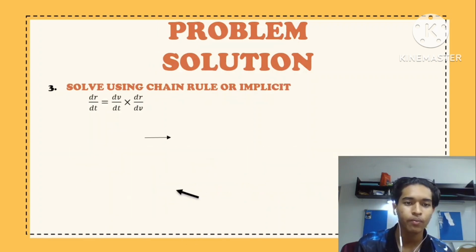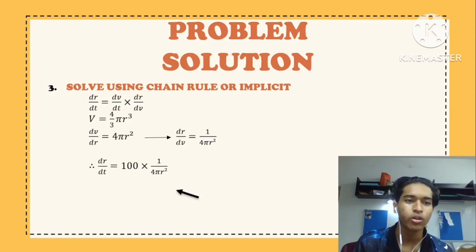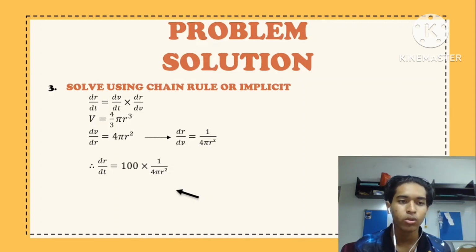Next step, we need to solve using chain rule or implicit differentiation. Here we are going to use chain rule, which is dr over dt equals dV over dt times dr over dV. So we need to know the formula for a sphere, which is V equals 4 over 3 pi r cubed.